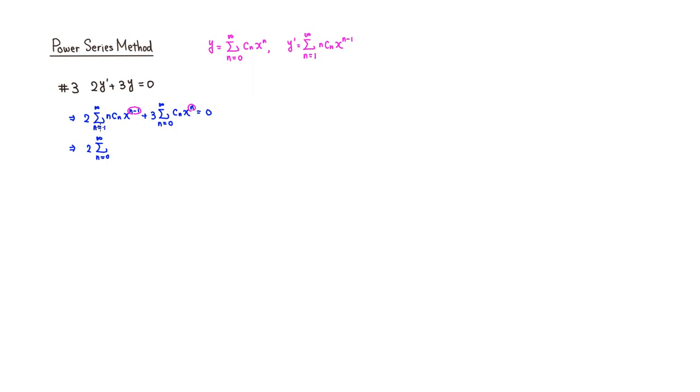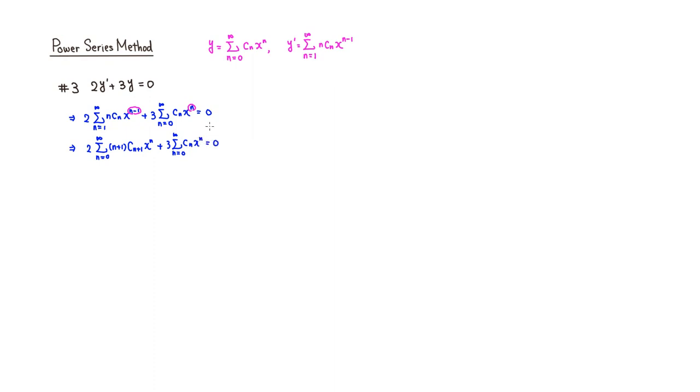Since n starts from 1 smaller than the original number, I have to change the index by adding 1. So n becomes n plus 1, c_n becomes c_(n+1), and x^(n-1) becomes x^n, which is what we wanted. We like the way the other one looks, so it's 3 times the summation, n goes from 0 to infinity, c_n x^n, equal to 0.